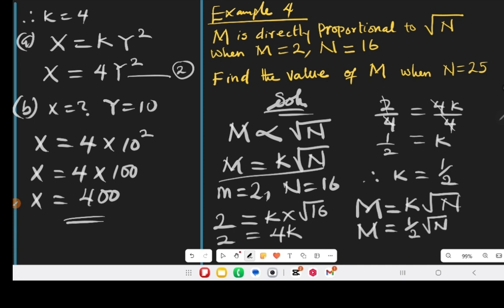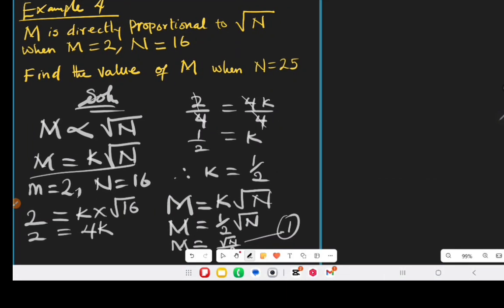We can write this as m equal to root n all over 2. It is the same thing, or we leave it that way. So we keep this equation, we call this equation 1. Now we use this equation to find the value of m when n is equal to 25. We move further.